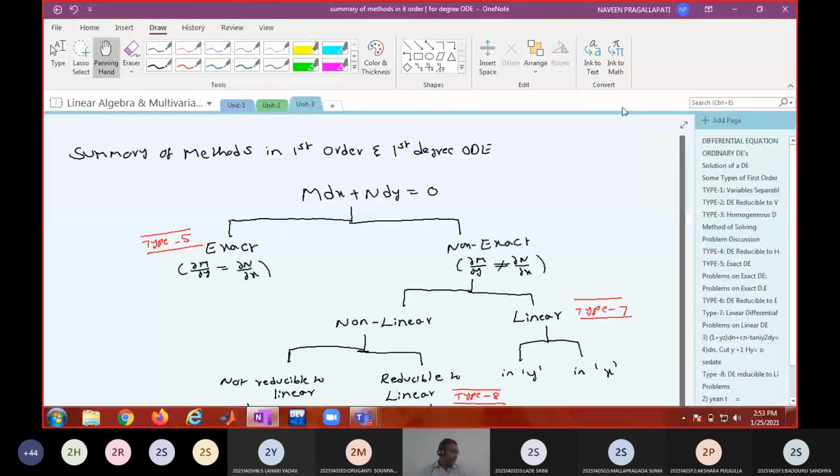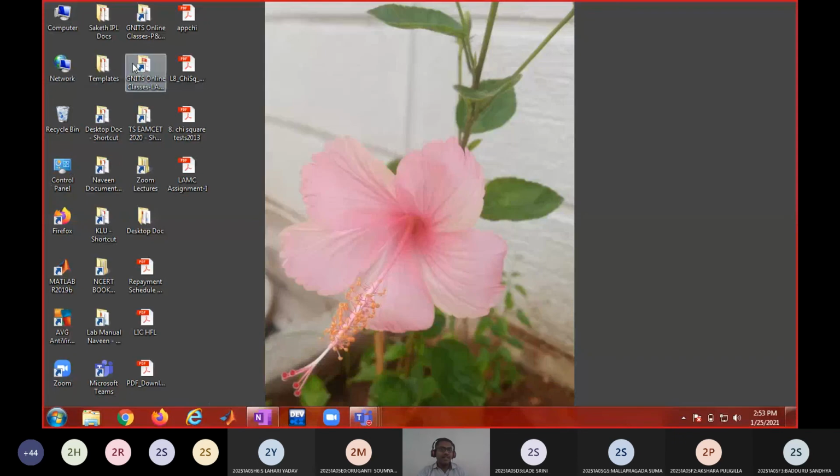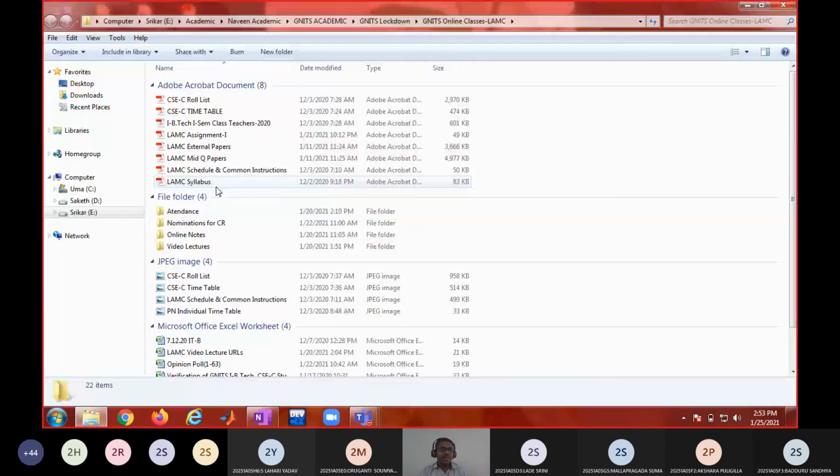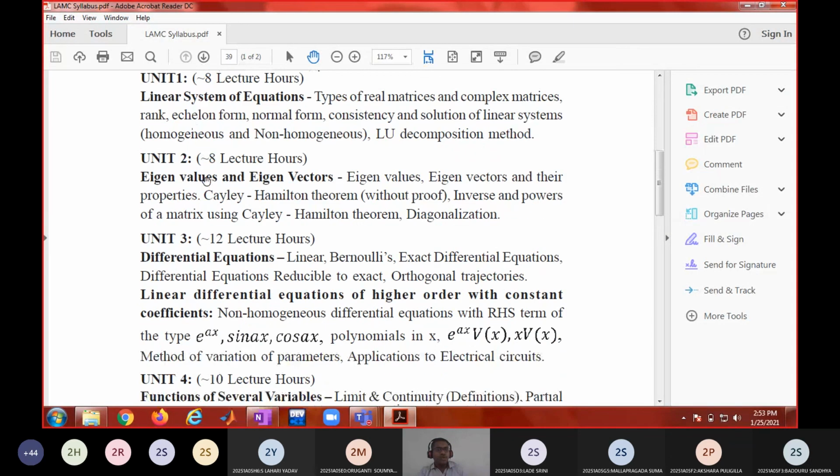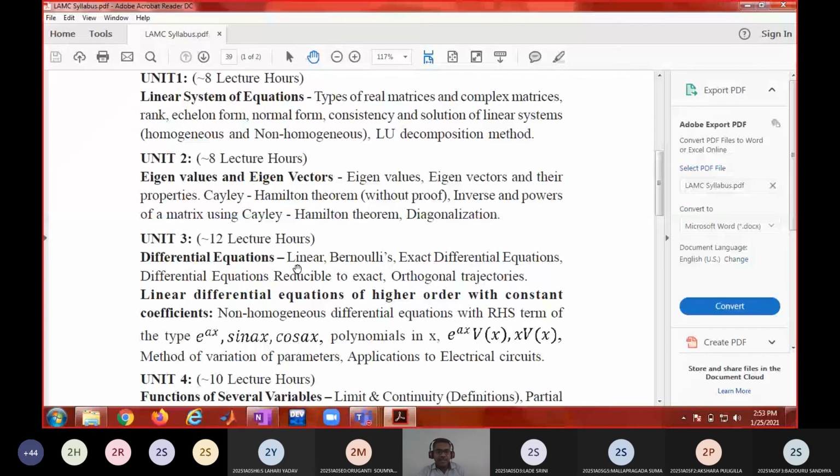Okay. So with this, your portion for the mid examinations is over. Just see what is there. Unit 1, Unit 2 have completed. Unit 3, you have up to exact differential equation. See linear, Bernoulli, and exact differential equation. Only these three are included for your first mid examinations.